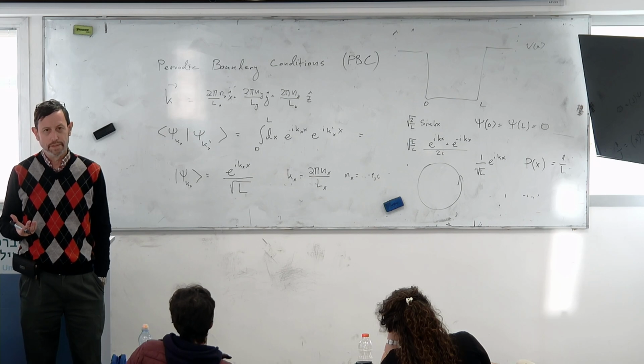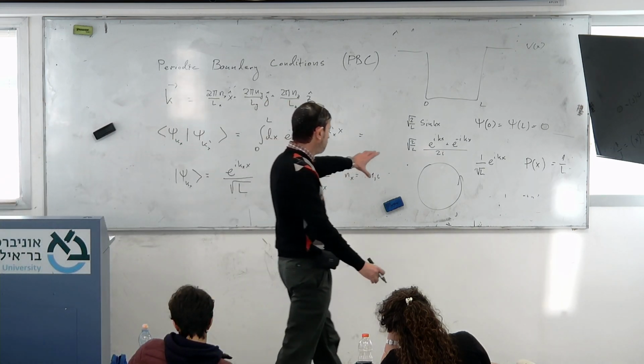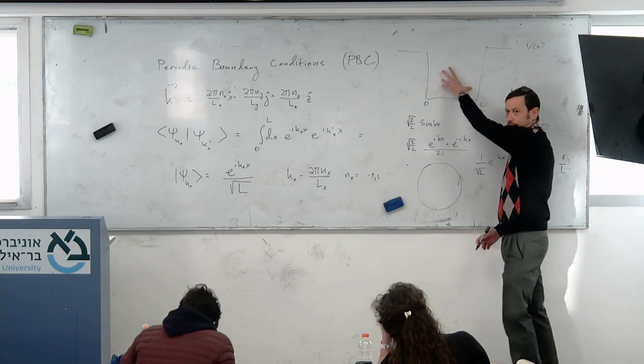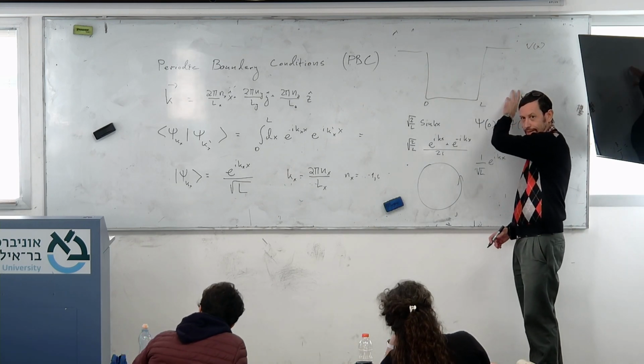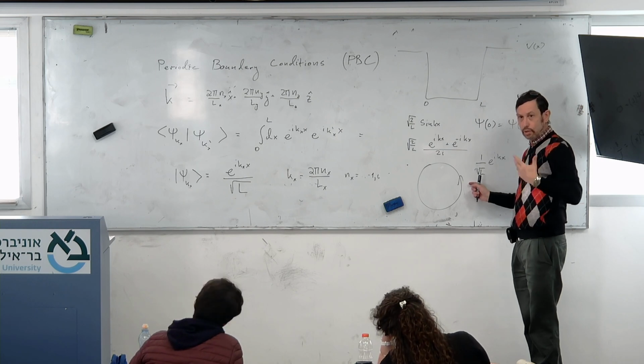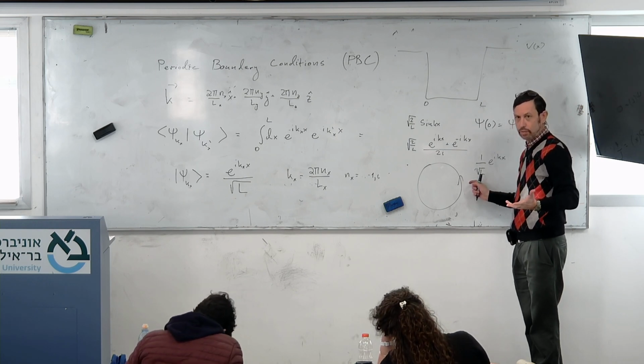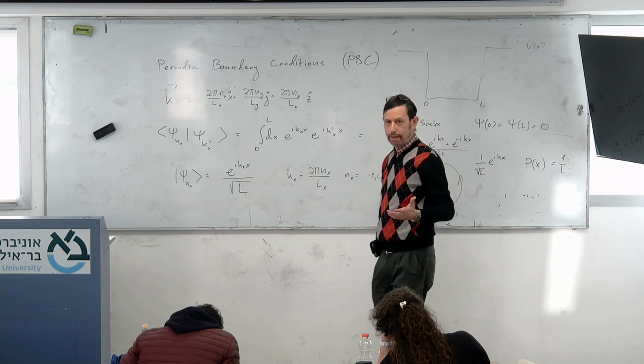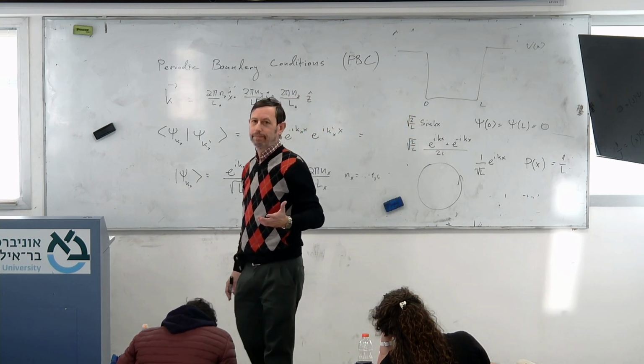Makes no sense. So, indeed, on this geometry, you have sines. On this geometry, you don't have sines. You have e to the power ikx.